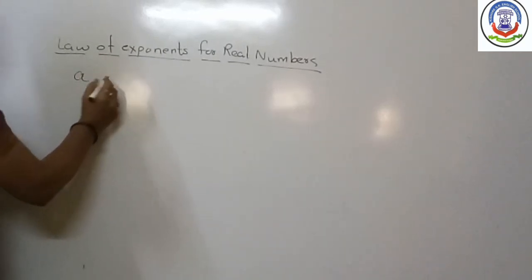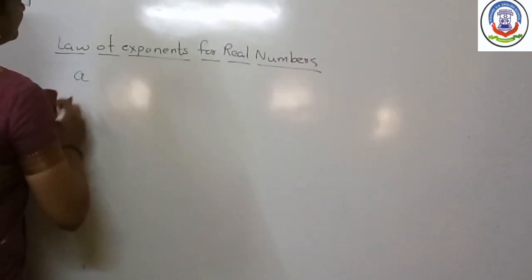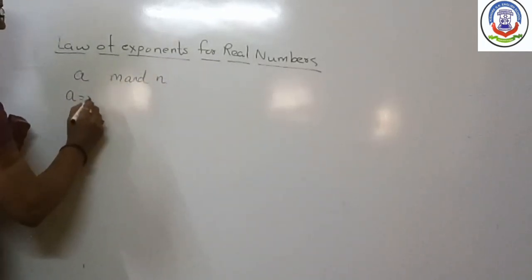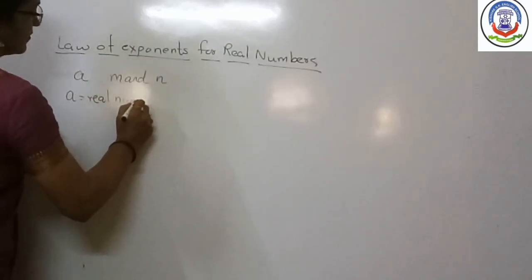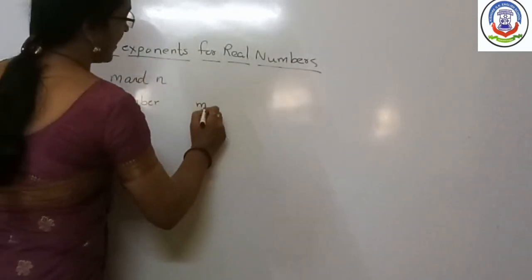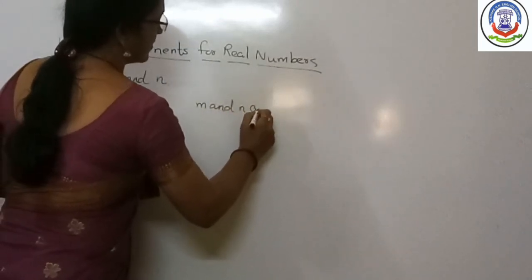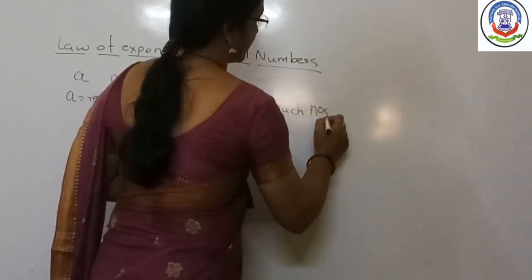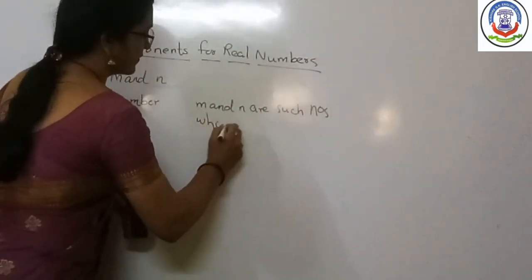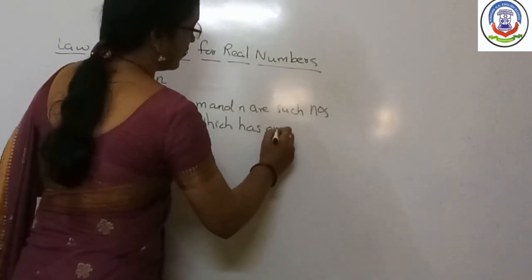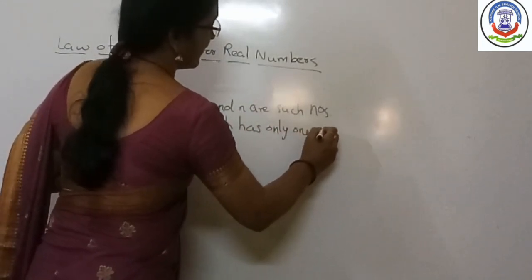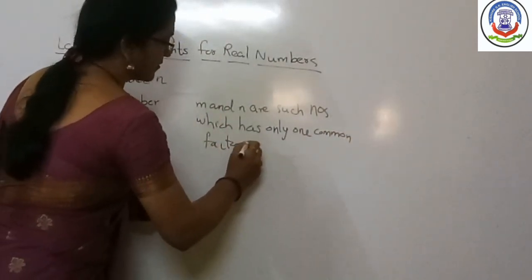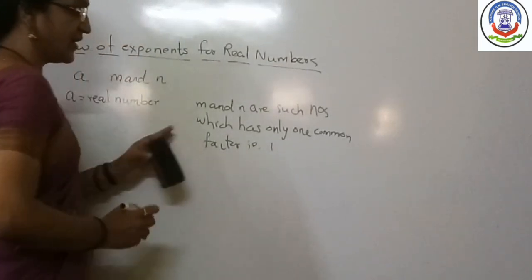For three numbers a, m and n, where a is a real number and m and n are such numbers which have only one common factor, that is 1, that is, they are mutually co-prime.